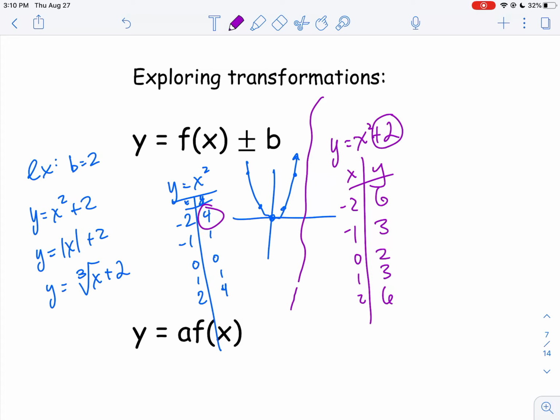Notice what happens. Instead of going 0, 0, I'm at 0, 2. You see it moved up 2? Instead of being at negative 1, 1, and 1, 1, I'm at 1, 3. And instead of going over 2 and up 4, I'm still going over 2 and up 4. It just happens to be from a different origin.